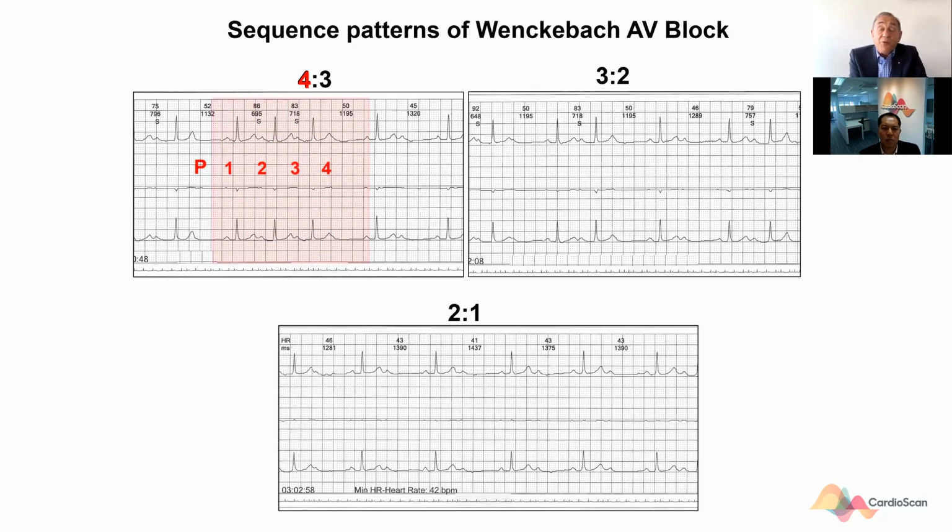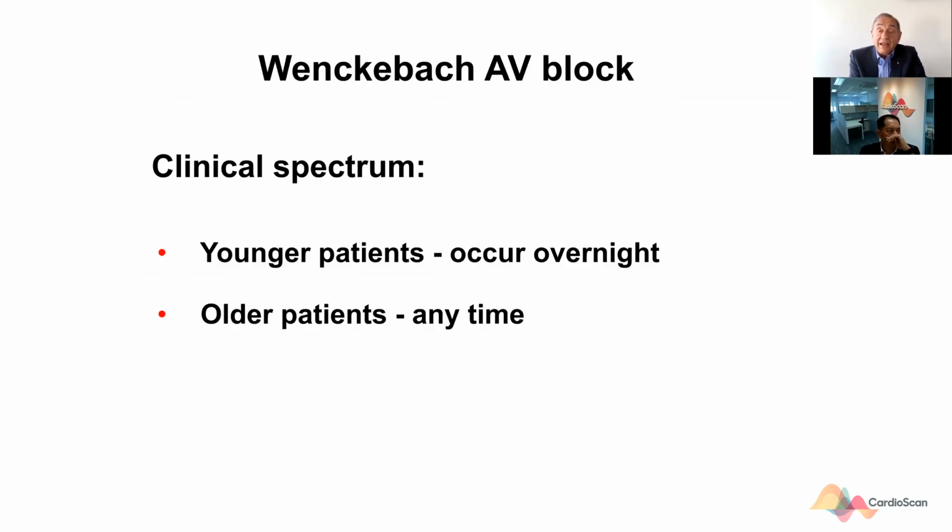That means that there are 4 P waves for every 3 R waves. And then we have 3 to 2, and then 2 to 1. These are the most common combinations. Clinically, it occurs in younger patients overnight, or less commonly in older patients at any time.